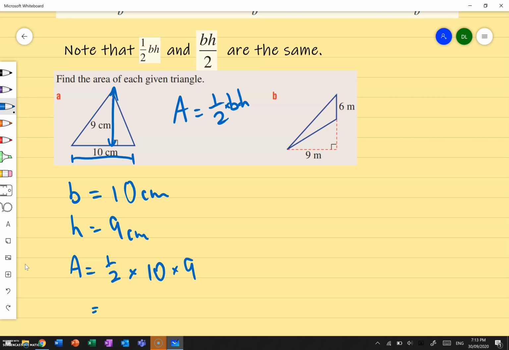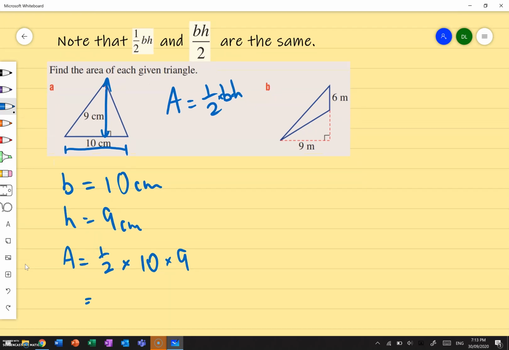Half of 10 is 5. 5 times 9 is 45, so the answer is 45. But remember, we also have to include our units. These are all centimeters, and remember we're working with area, so centimeters squared.